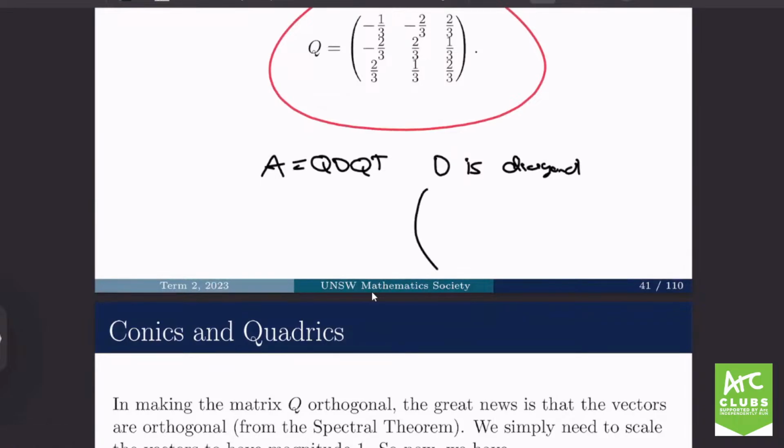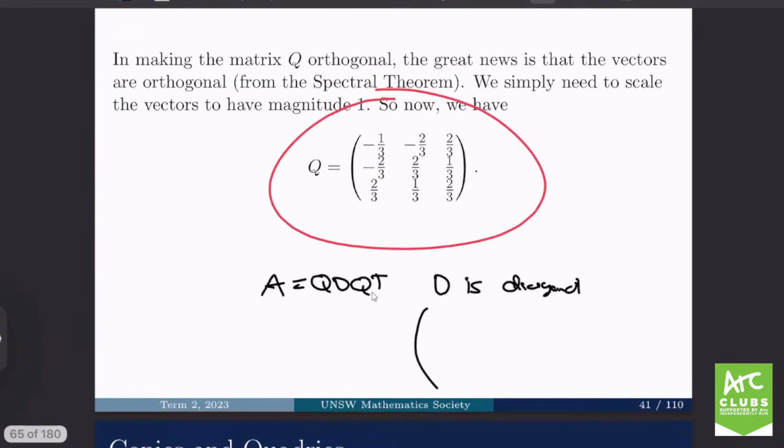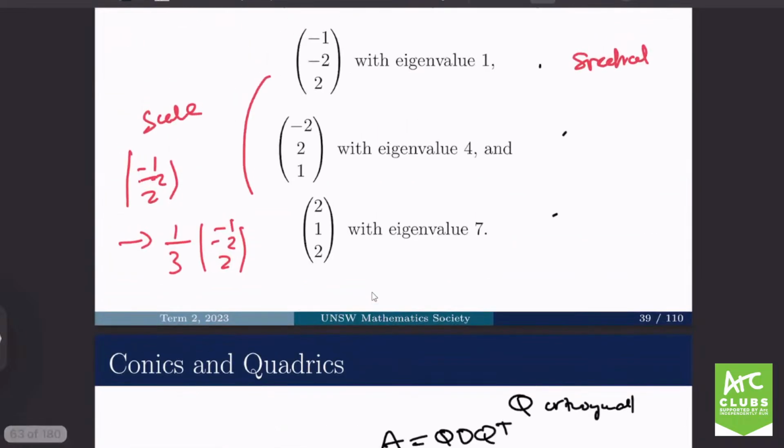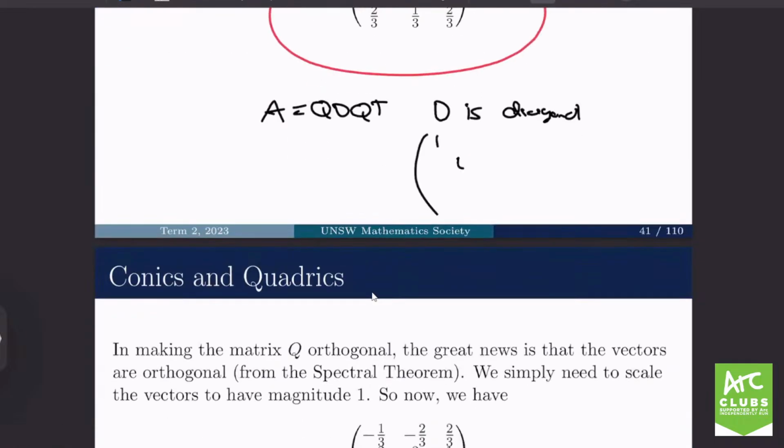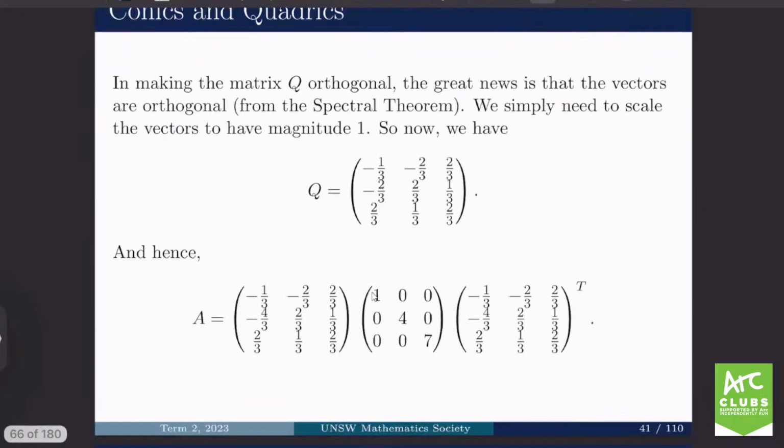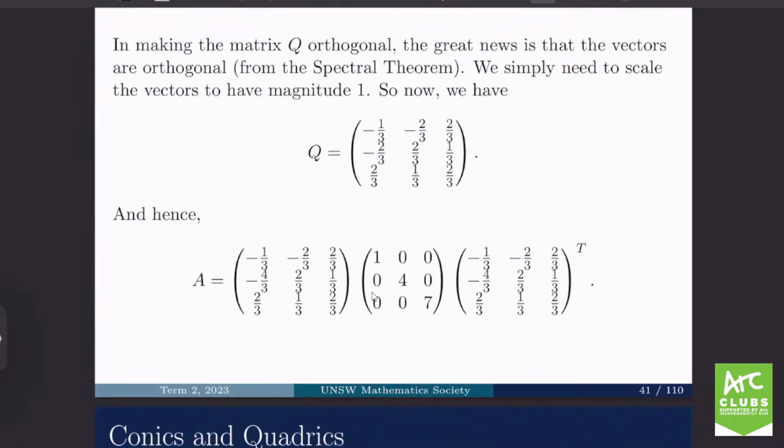So D will be diagonal, and we just look at each vector and its corresponding eigenvalue. So it'll be 1, 4, 7, and that's our diagonal matrix. And so we'll diagonalize A like this.